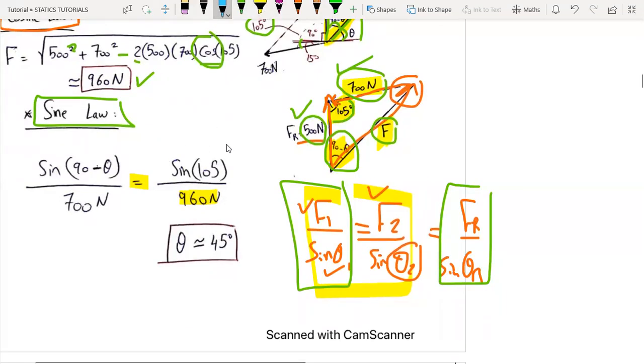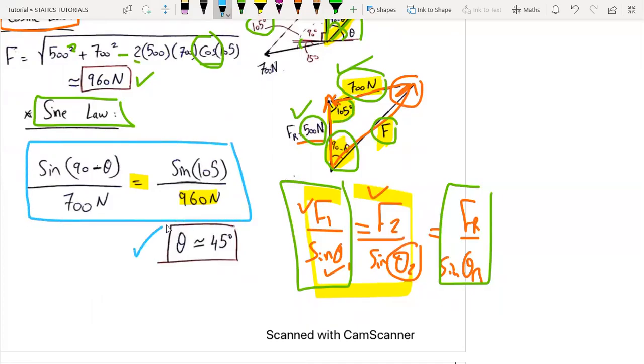So here we can notice one equation, one unknown, so we can find theta equals around 45 degrees. And of course we can find this angle. We can say sine 105 over 960 equals sine, let's say theta 3, over 500 newtons.